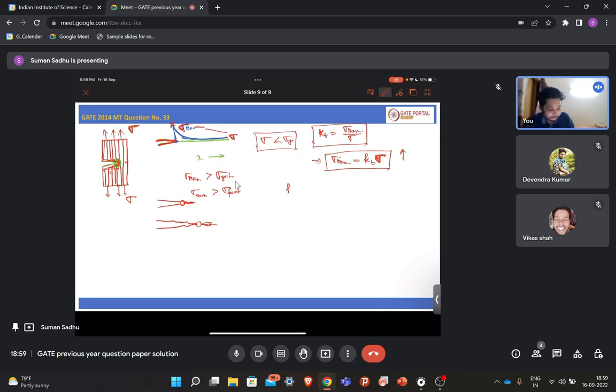At that time, your stress intensity factor is given by Y into sigma root pi a. When this sigma reaches a critical value, the stress intensity factor is termed the critical stress intensity factor, KIC. It will be Y sigma root over pi into a_c. This critical stress intensity factor is called fracture toughness.